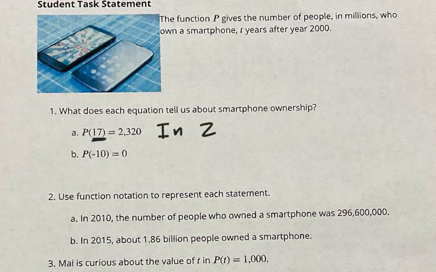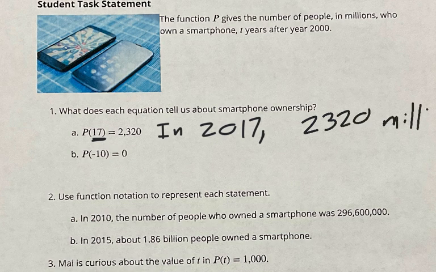So in 2017, what happened? It's in millions. So 2,320 million people.